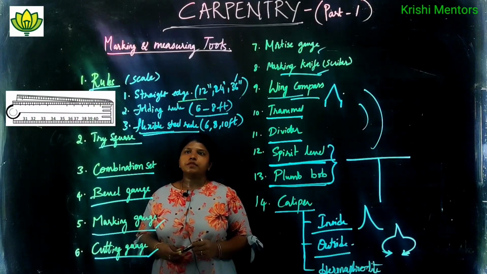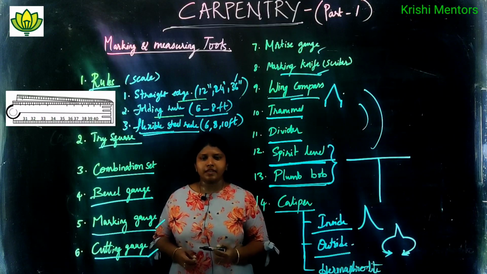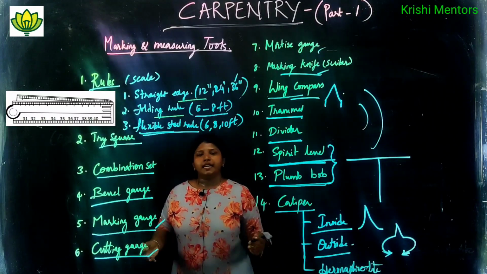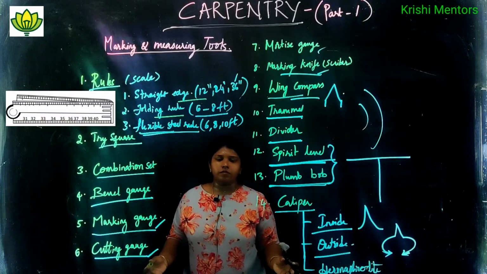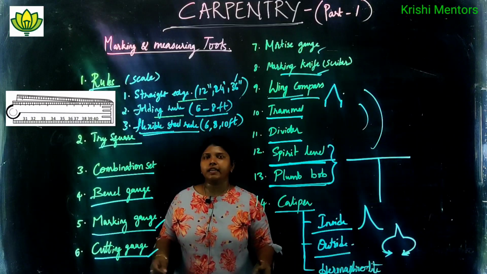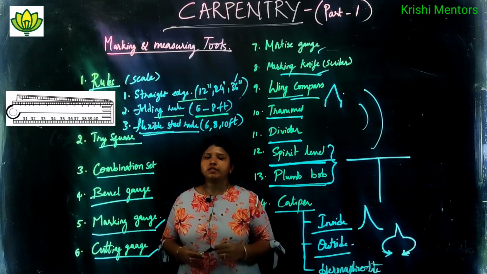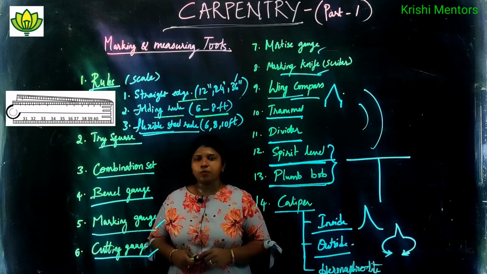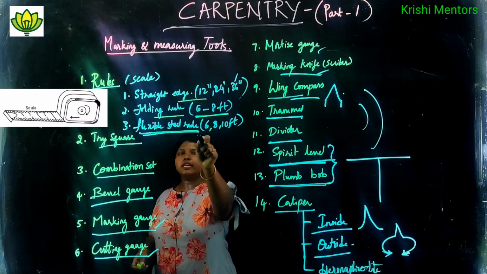And the next one is folding rule. A folding rule is nothing but a straight edge again, but it is folded in between. Okay, when opened or when completely expanded, it will be up to 6 to 8 foot, and this folding rule is used to measure the longer lofts. And the next one is a flexible steel rule.